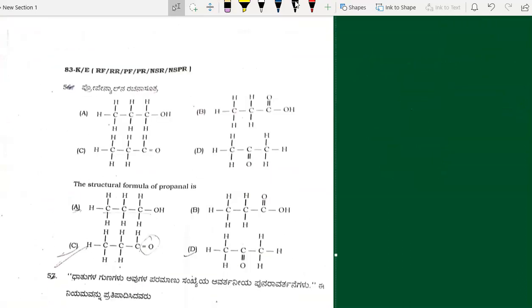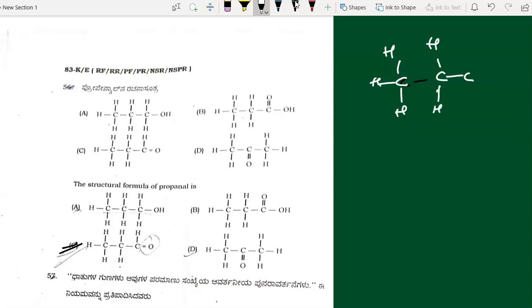It's 56. Here, the structural formula of propanol. Yes, this is one. It is made up of 3 carbons, and here we have hydrogens.